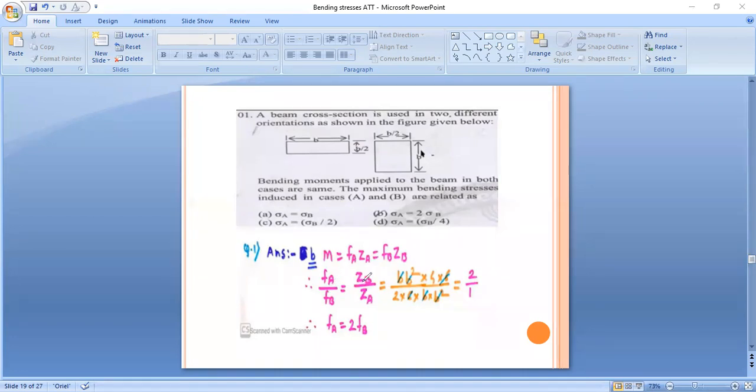Now here ZB is B into B square into 4 by 6 divided by, according to this figure, the section modulus values are put, and finally you get the value 2 by 1, that is FA is equal to 2 times FB, that is strength in A is equal to 2 times strength in B. So option B is the correct answer. Sigma A is equal to 2 times sigma B.